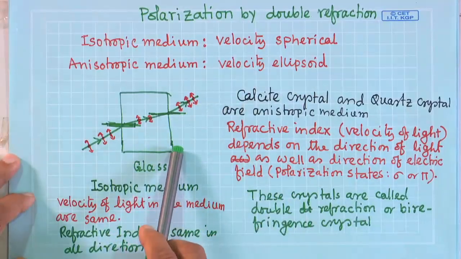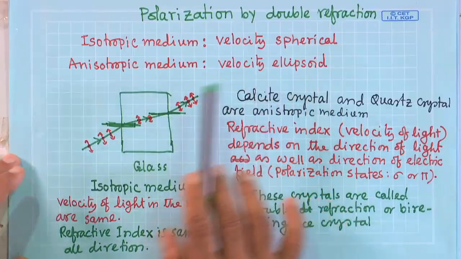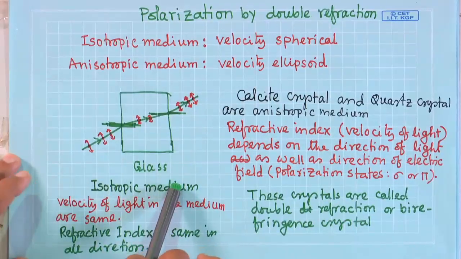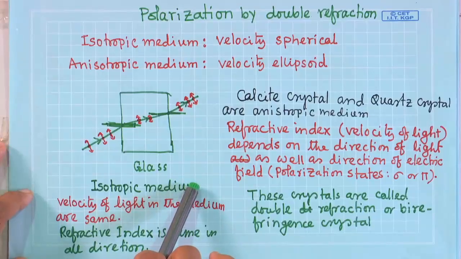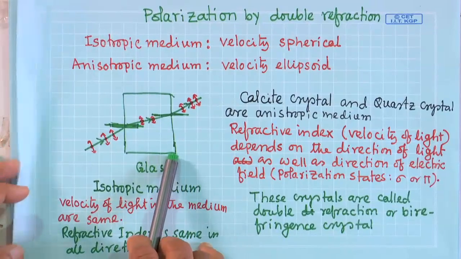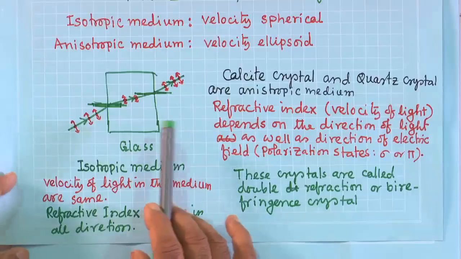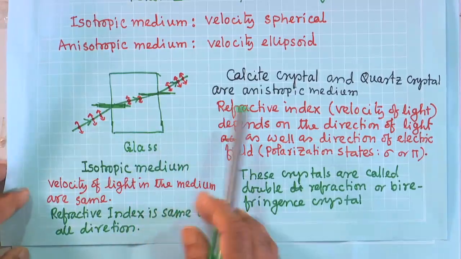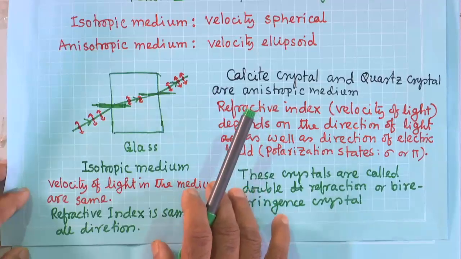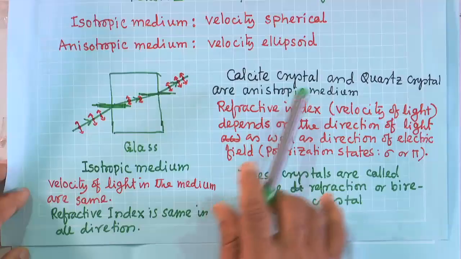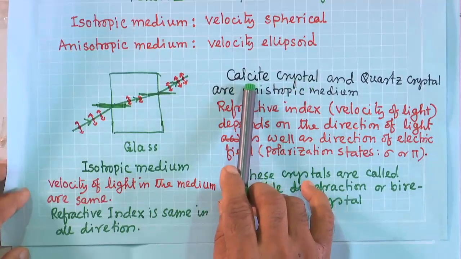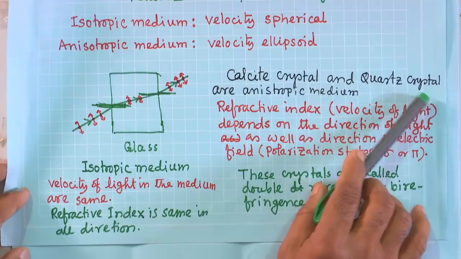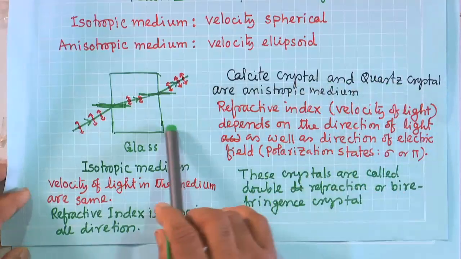A common material for refraction is glass. This material is basically isotropic. The velocity of light is the same in all directions. But there are some transparent crystals, calcite crystals and quartz crystals. They are like glass.